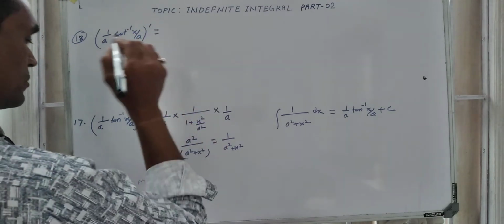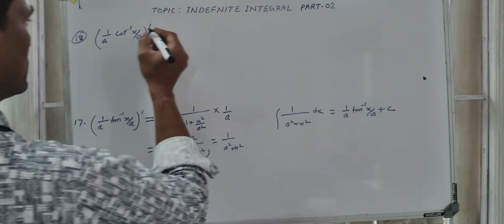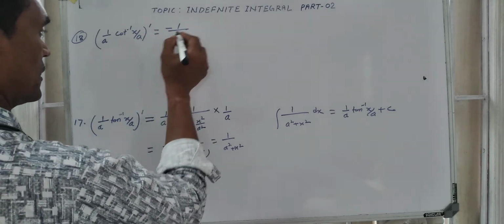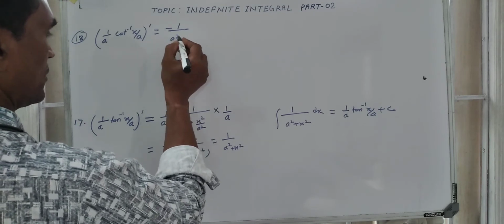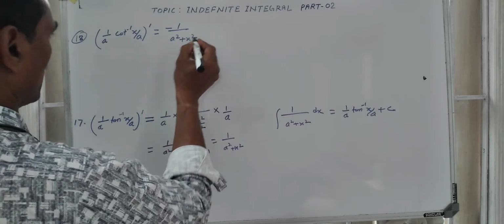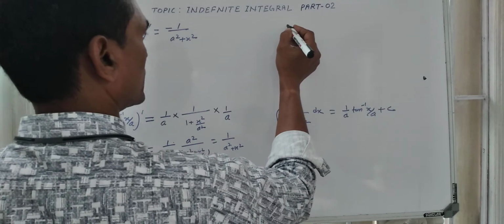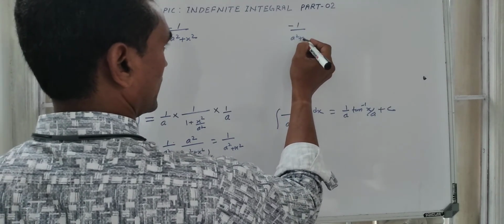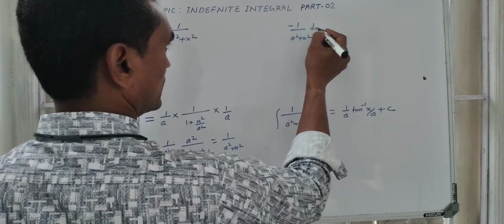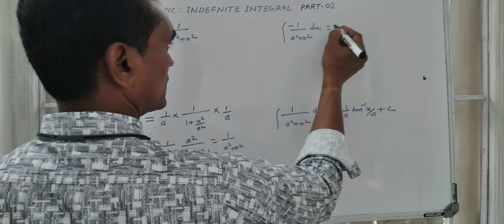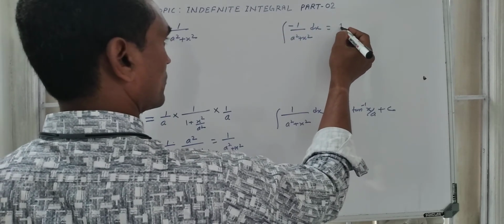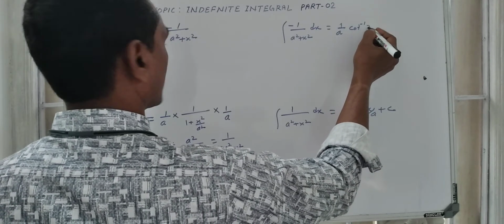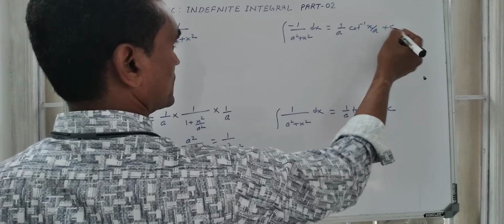If we differentiate this function, we will get a minus sign only here, and a square plus x square. So the integral of minus 1 by a square plus x square with respect to x is 1 by a cot inverse x by a plus c.